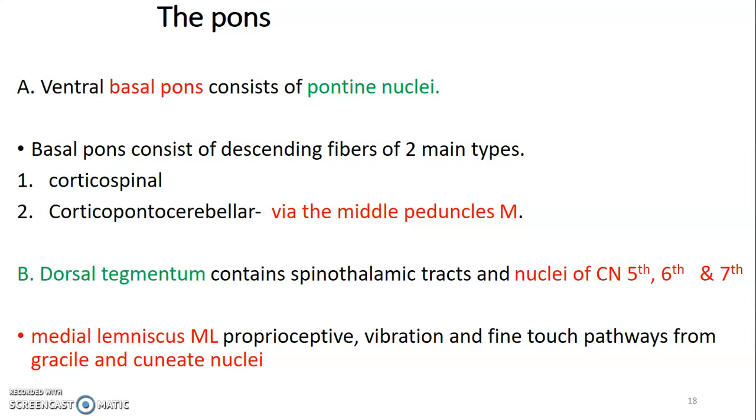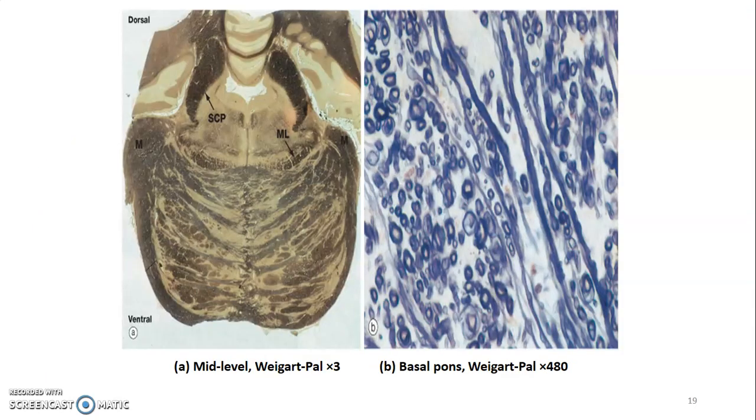So all that information goes from the spinal cord to the medulla, then after reaching the gracile and cuneate nuclei of the medulla, they now decussate, and that's what you call the medial lemniscus. So this medial lemniscus is seen in the dorsal tegmentum of the pons.